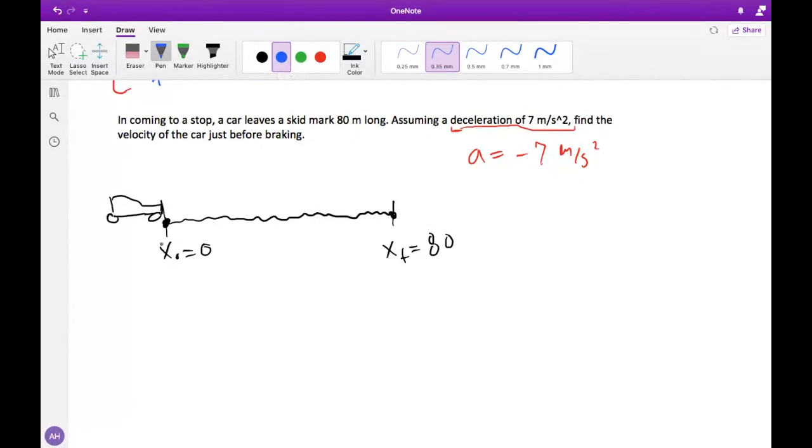Okay, and so we know here the car has some initial velocity going this way, which is actually what we're trying to find, because it says find the velocity just before braking.